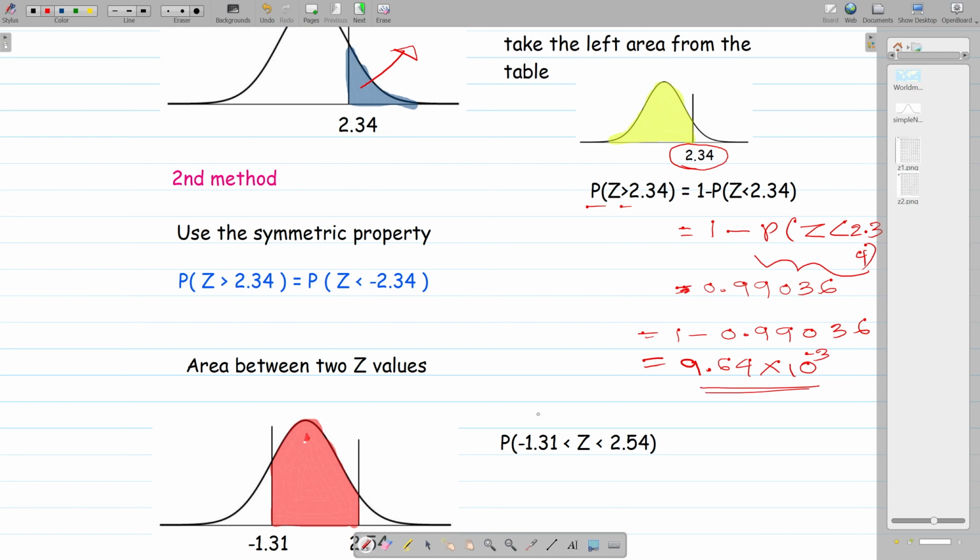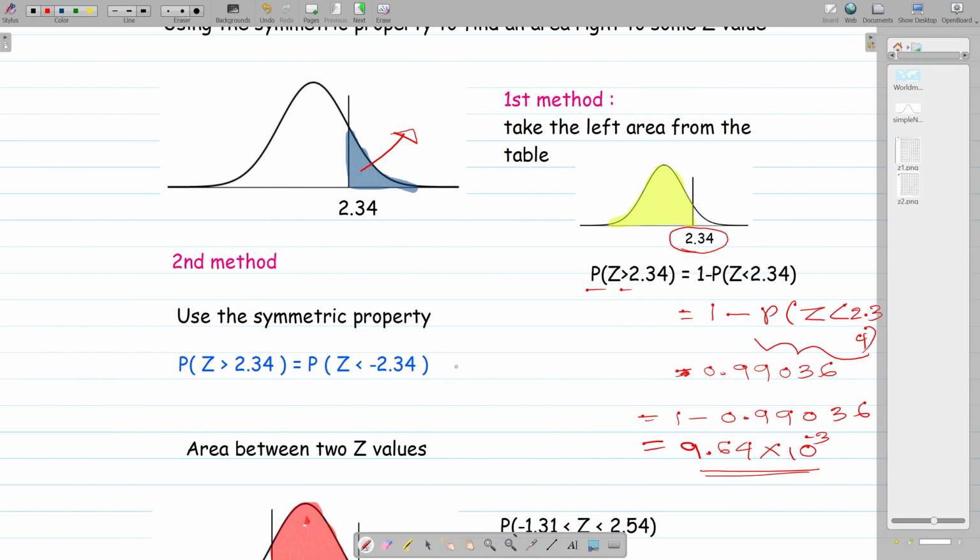Now, I'm going to tell you something very interesting. Instead of going to the tables to find the left area and subtracting it from 1 and doing extra work, we can just take the area to the right of some value using this technique. The way is using the symmetric property.